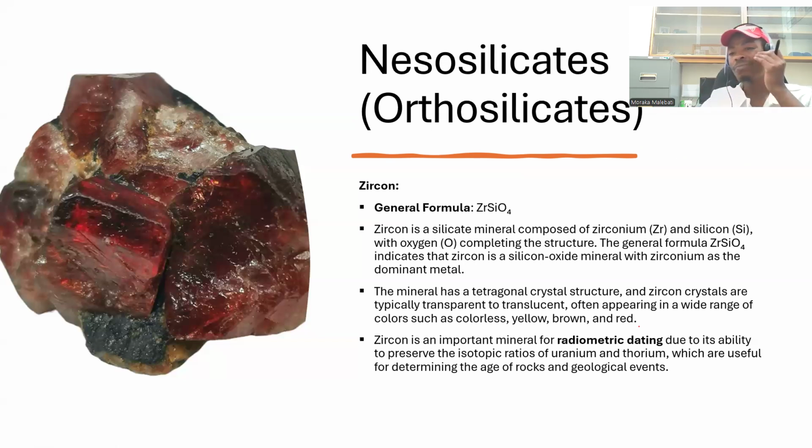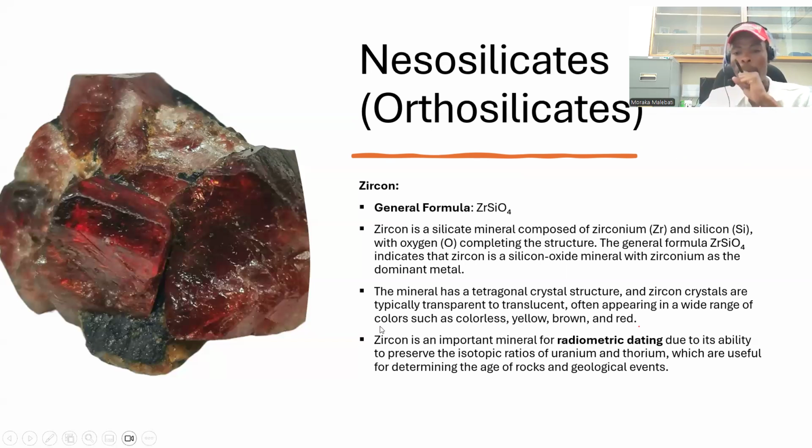When we say something is translucent, it means you can see inside, but you cannot see through. But if it's transparent, you can see through. That's basically how the light is being transmitted. Zircon often appears in a wide range of colors: sometimes colorless, sometimes yellow, sometimes brown, sometimes reddish like this one.